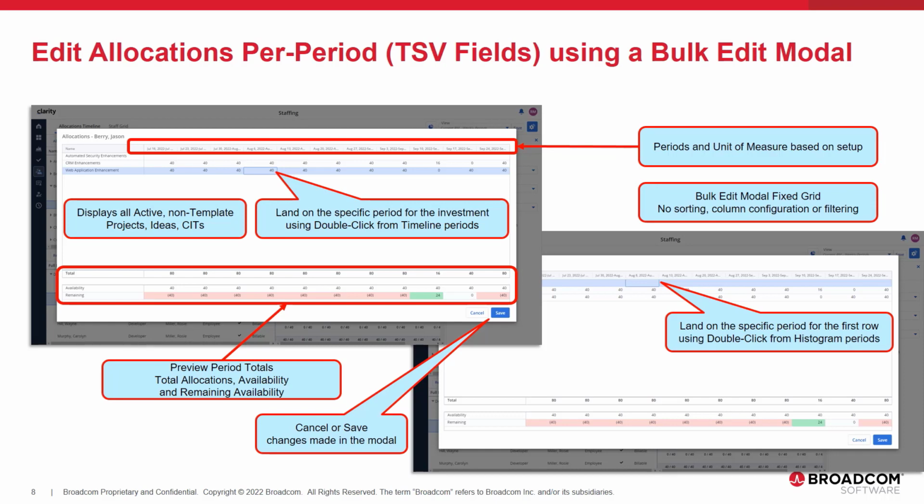Because this modal is using the generic grid, there is the ability to use the copy-paste to make multiple changes quickly. Consistent with other bulk edit modal grids in the application, this is a fixed grid. There is no functionality to sort, filter, or configure additional columns.